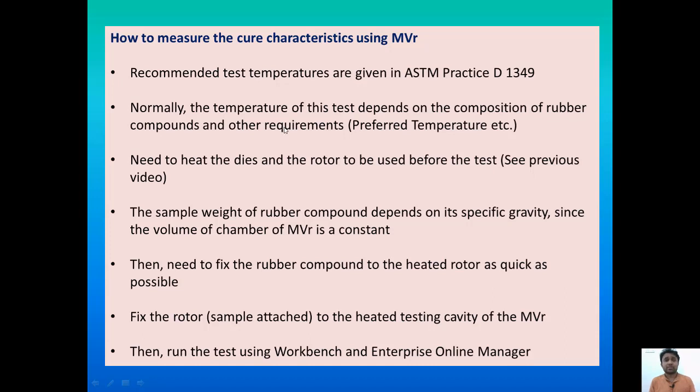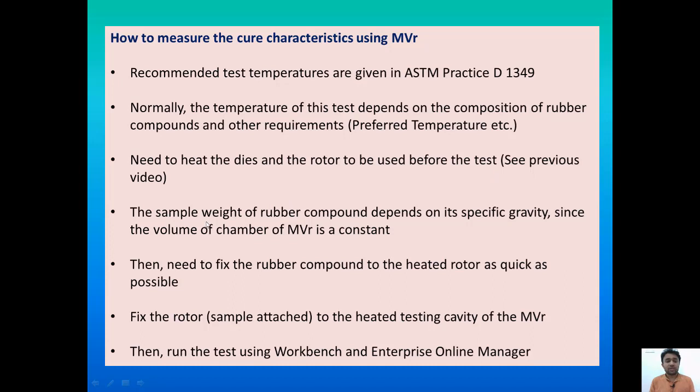Or else, if we need to check which temperature is more suitable, we can vary it and measure. Then we need to heat our dies and the rotor before the test. If you have any doubt in this regard, see our previous video.